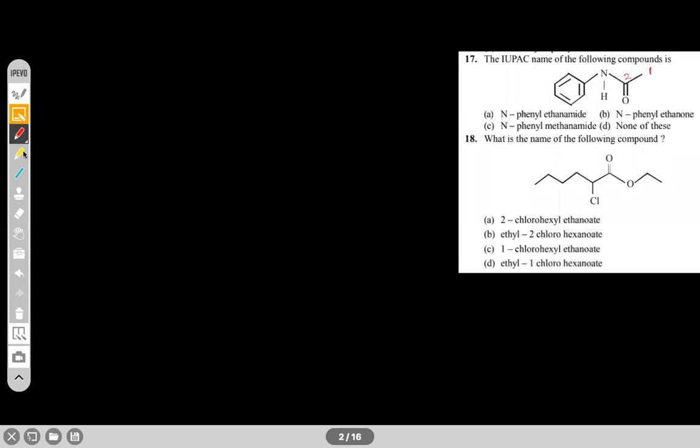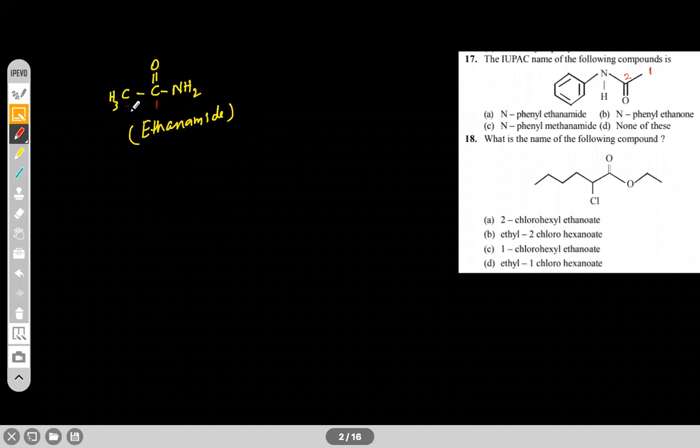The functional group here is C double bond O NH2, and this functional group is the amide functional group. If you write down CH3 here, this becomes ethanamide, where we have to start numbering from this carbon atom as 1 and this is 2.